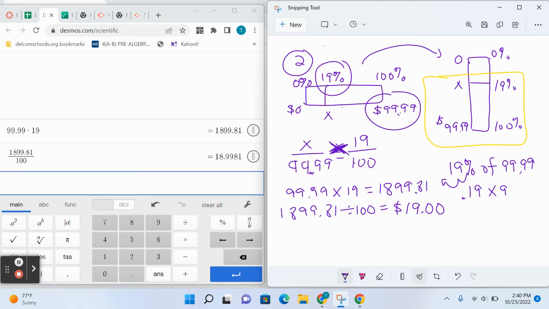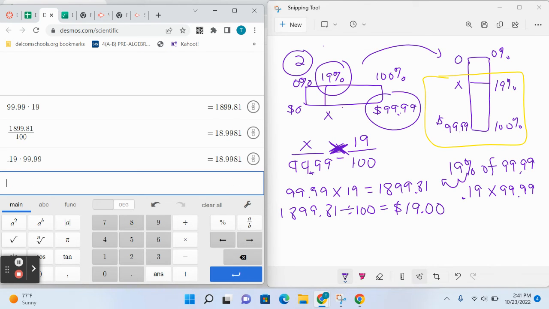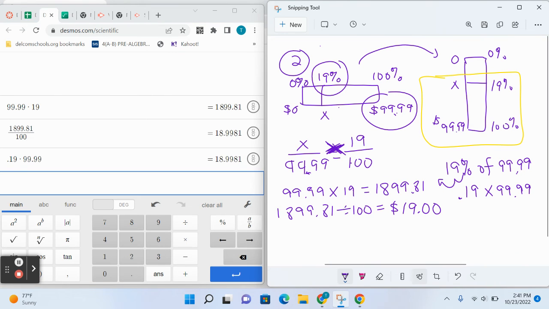Remember that of means times. So we're basically just going to take 0.19 times 99.99. And look what we get: 18.9981, just like we did before. Just like before, we need to round that to the penny. That 8 past the hundredths place is 5 or above, so we make it go up a penny. If you add a penny to $18.99, it is $19.